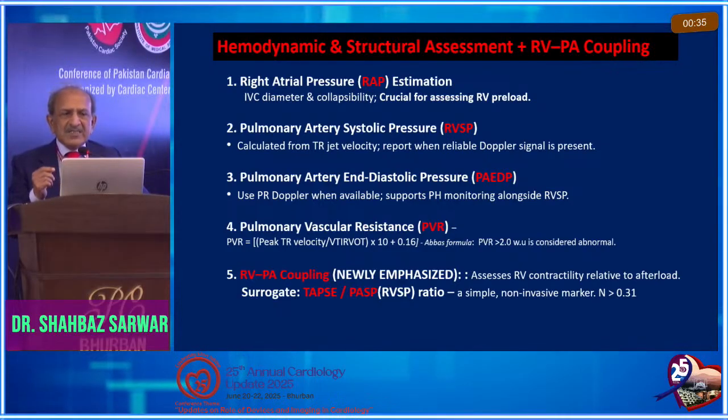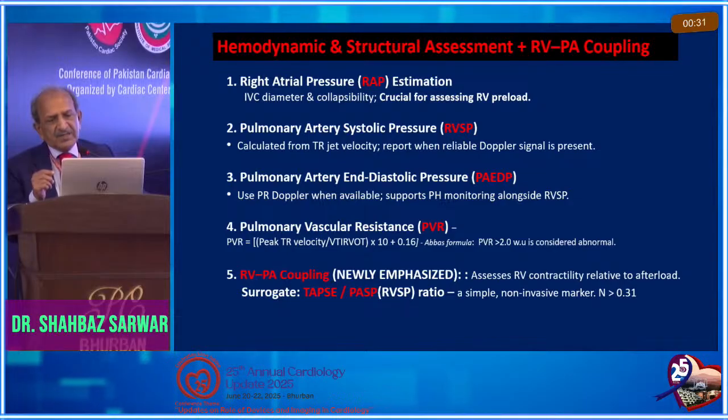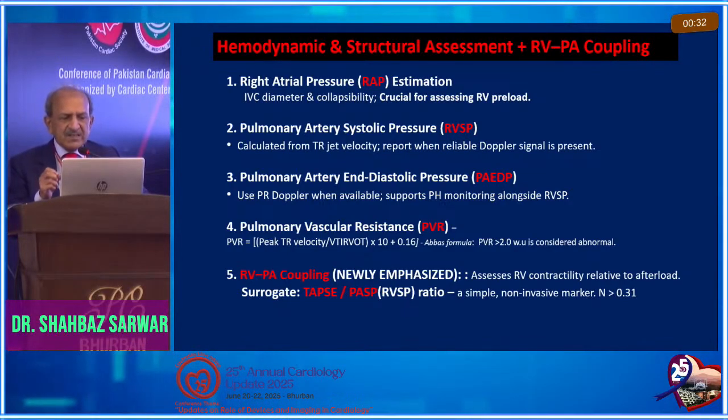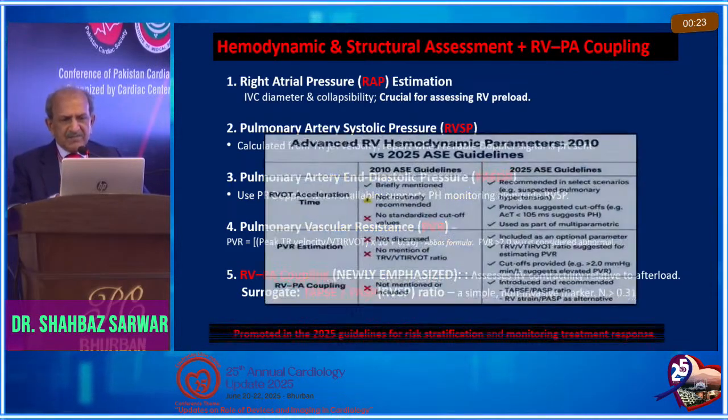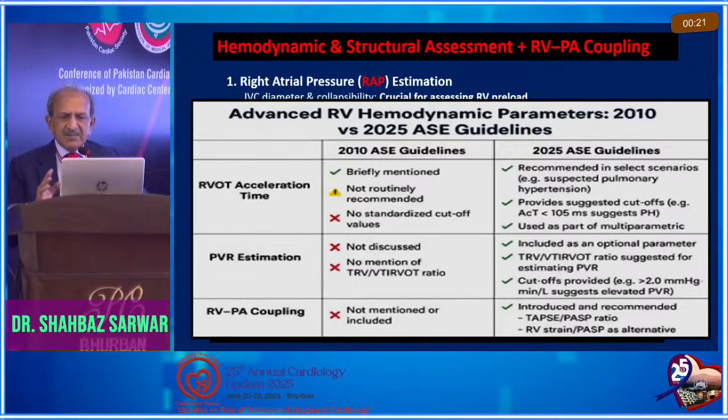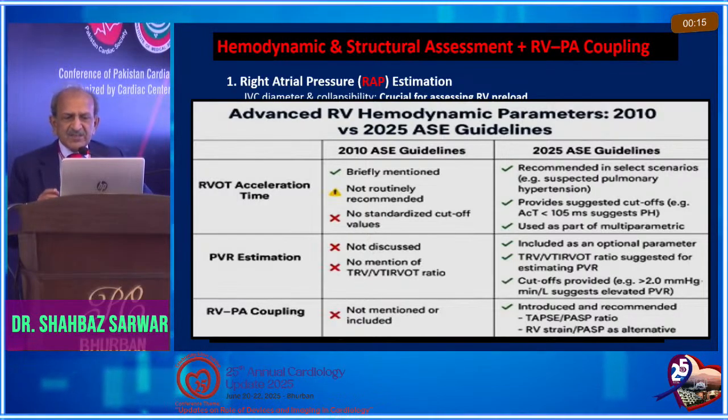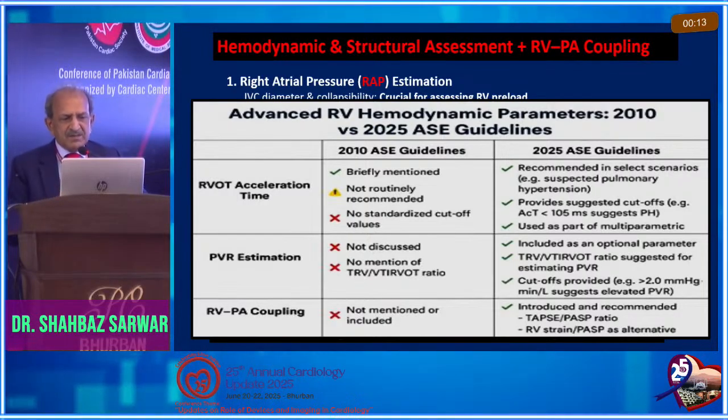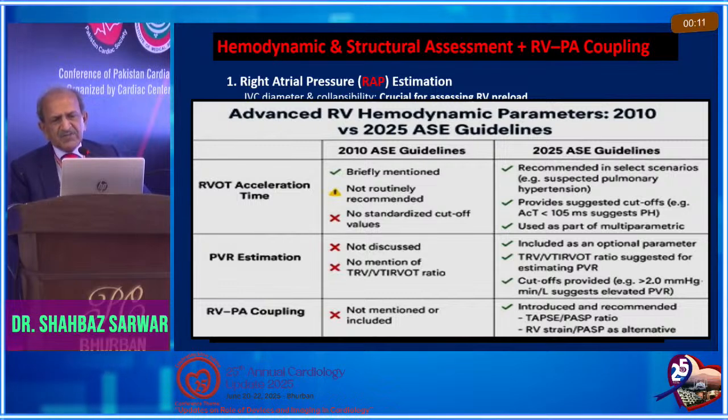And the hemodynamic assessment, right atrial pressure, systolic pressure of the RV, pulmonary artery systolic and diastolic pressure, pulmonary vascular resistance, RVPA coupling, all these things should be done. For hemodynamic calculation, RV outflow tract acceleration time, which was not done or only briefly mentioned in the last guidelines, is now recommended.